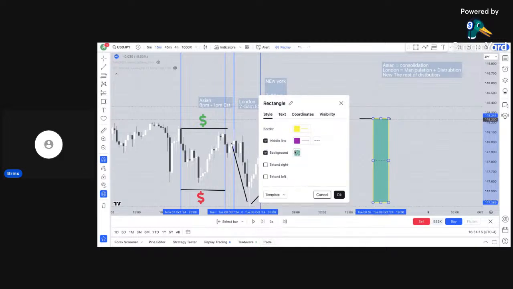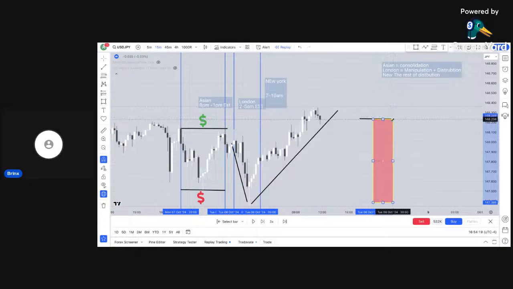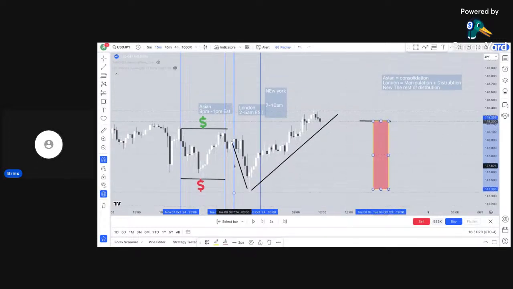Let's make this red so you can see this. And so this will be what the candle looks like pretty much during London session, right? You can see this low here. This will be a full bearish candle away from the high of the day, which will be somewhere around here.